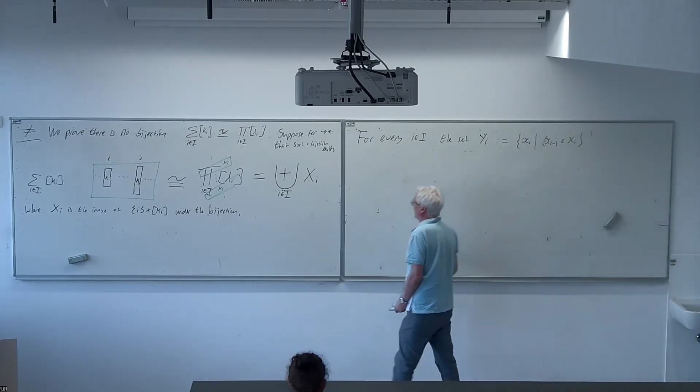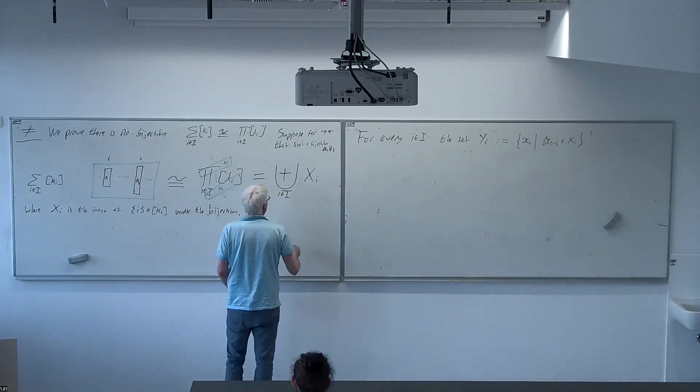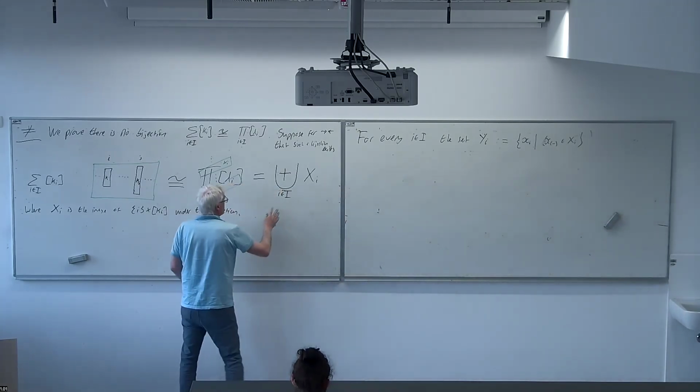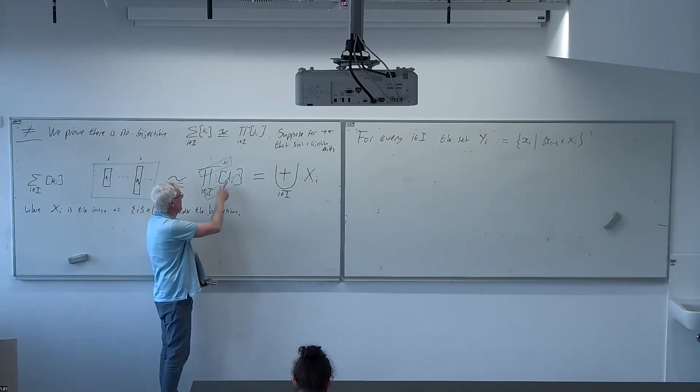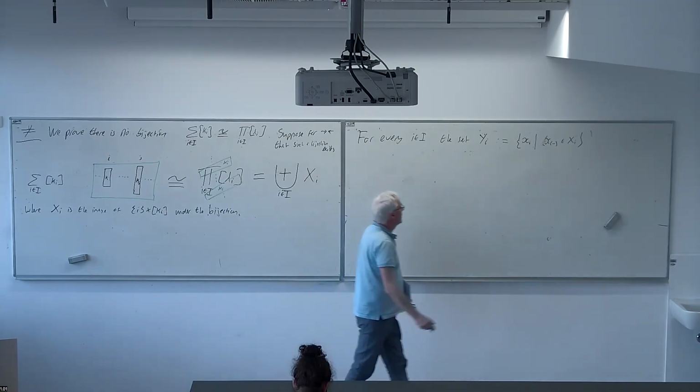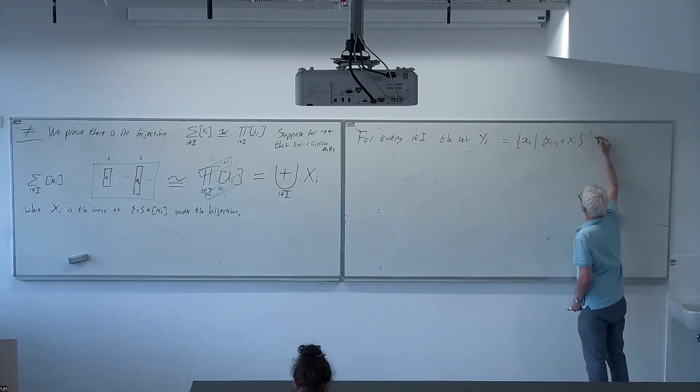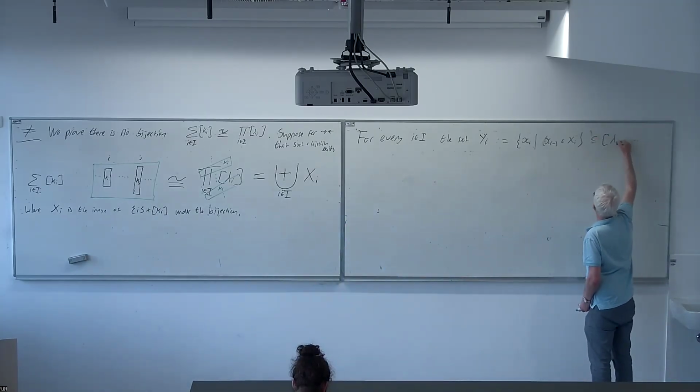And because X sub i is a subset of this product space, when we apply it at i, we get an element of the set of ordinals less than lambda i. So this is a subset of lambda i.